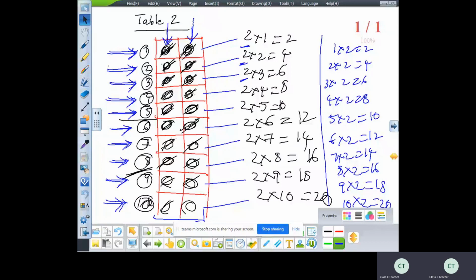After writing this table, we count the number of boxes. After counting the number of boxes, you write the table. First write the table along with counting boxes. It is called the multiplication table from 1 to 10.